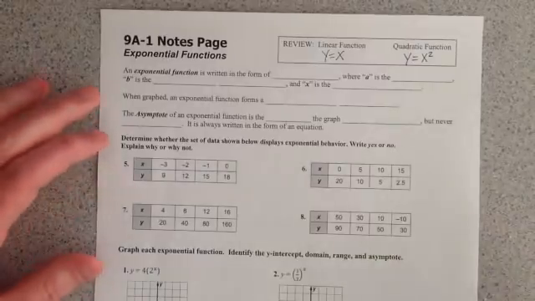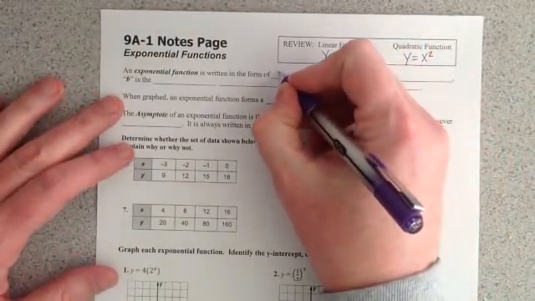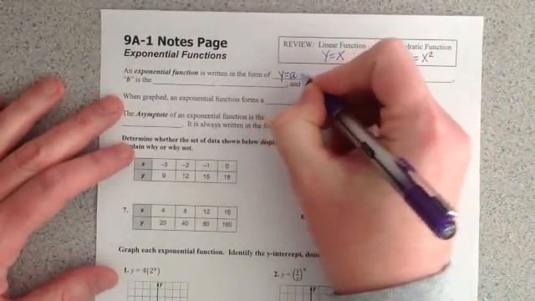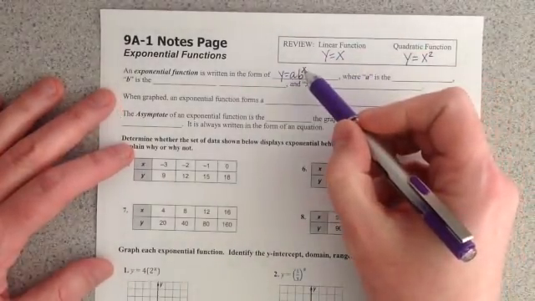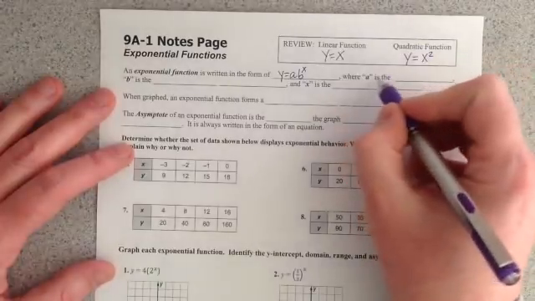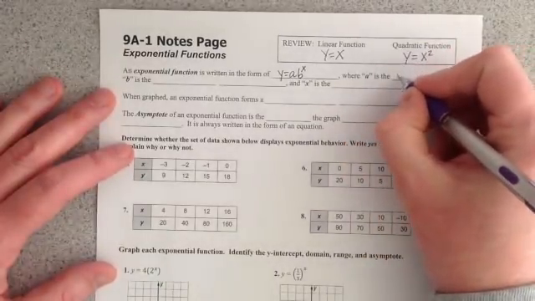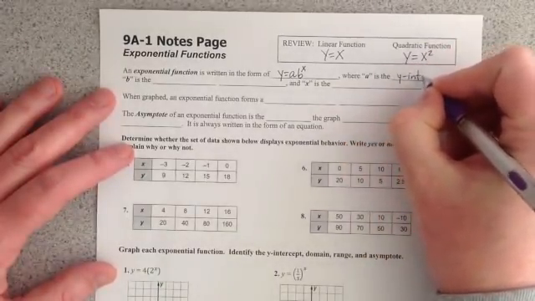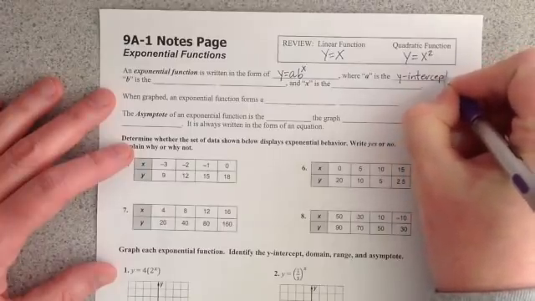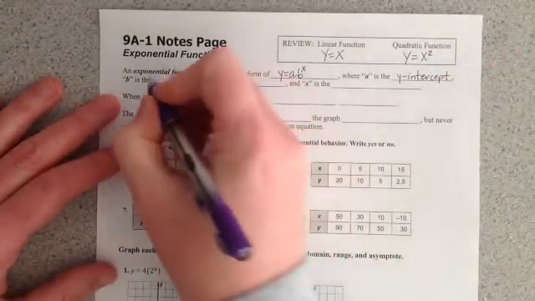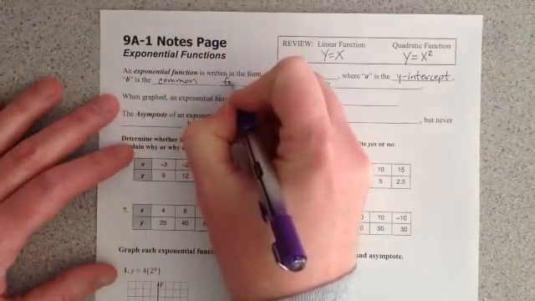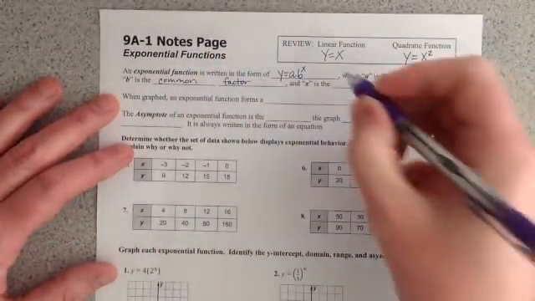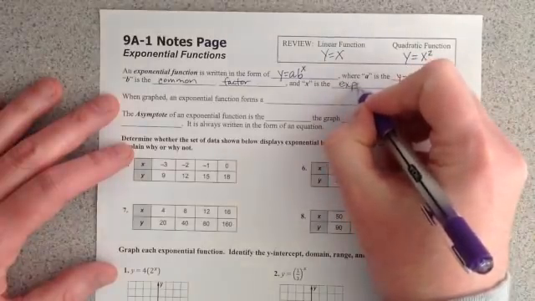Okay, so an exponential function is written in the form of y equals a times b to the x power. So in this case, x is now an exponent, where a is the y-intercept, b is the common factor, and x is the exponent.